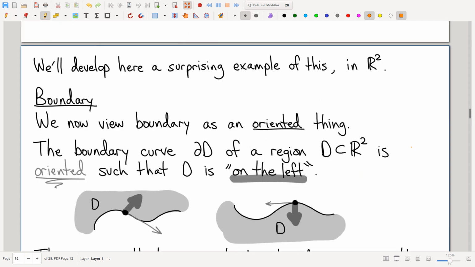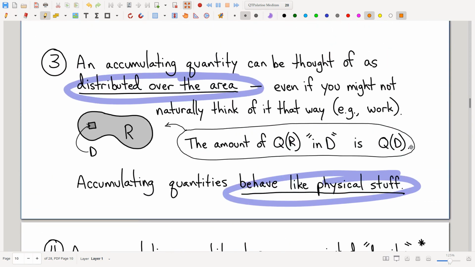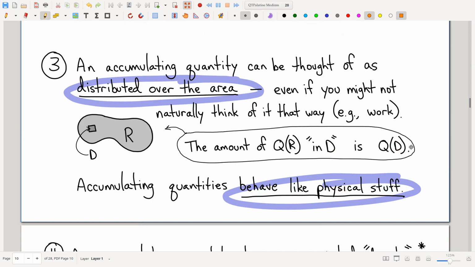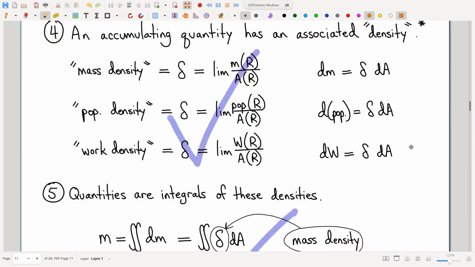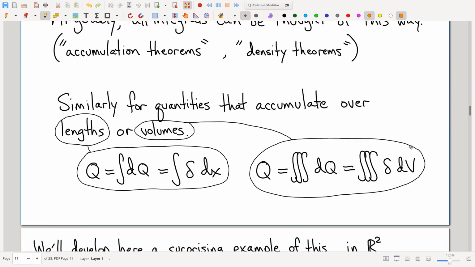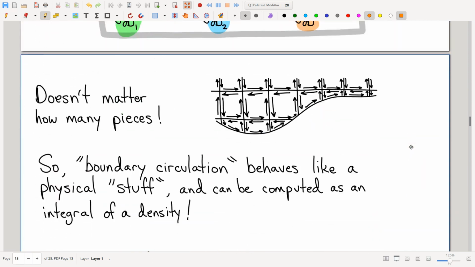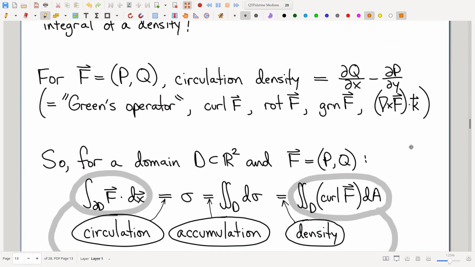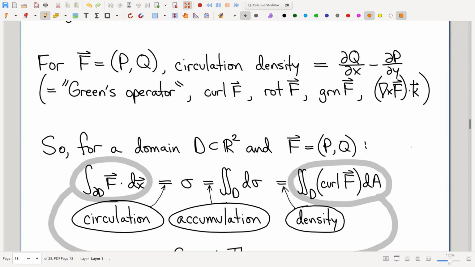And reminder, when you have an accumulating quantity, it behaves like a substance. You can talk about the associated density. You can write down the resulting theorem. And so, yeah, here's what that looks like when you write that all down. The whole is the sum of the parts. There's an associated density.